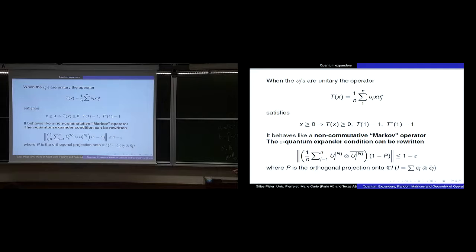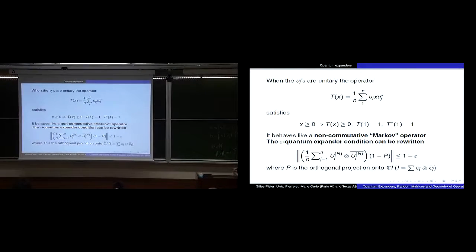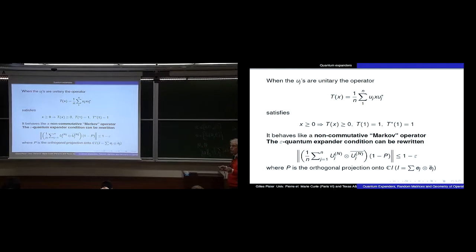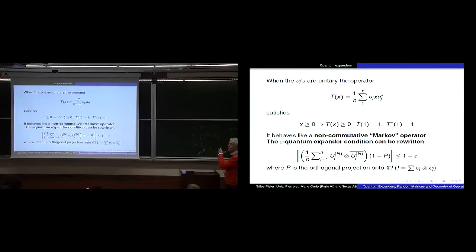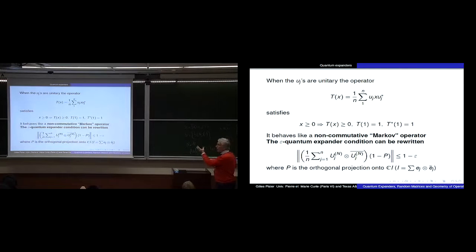So you can recognize here properties which are classical properties of a Markov operator, for instance in Markov chain theory or random walk theory. So this object for us will be like a non-commutative example, with analogous properties to the usual Markov operators. What we care about is things like this, which have this spectral gap here.